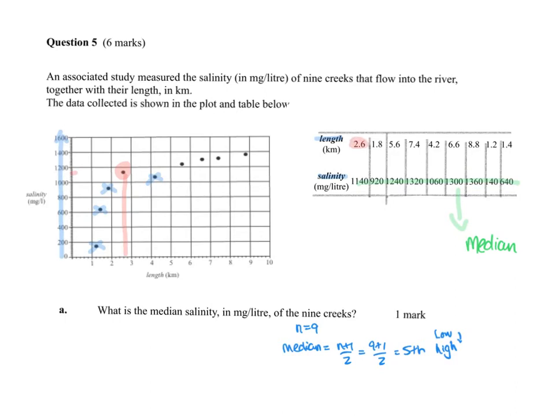So it is the 114, I can see on the table. And so then I can say the median is 1140. You'd get the same if you did it in the calculator. I just think this would have been a quicker way to work it out, because they have put them in, and you can see on a graph, smallest to largest.